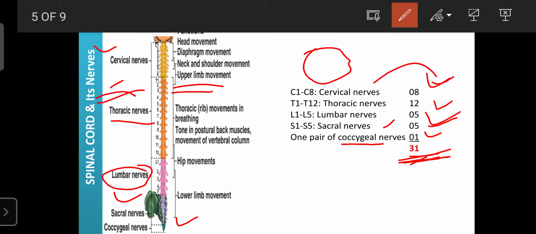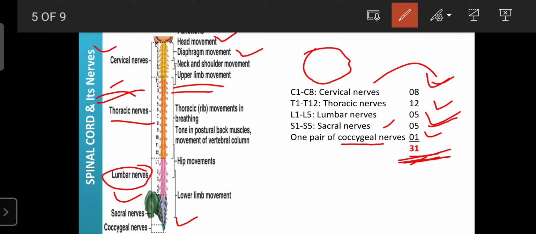That's why the cervical spinal nerves play an important role in head movement as well as diaphragm movements. Diaphragm movement is helpful for inspiration as well as expiration.